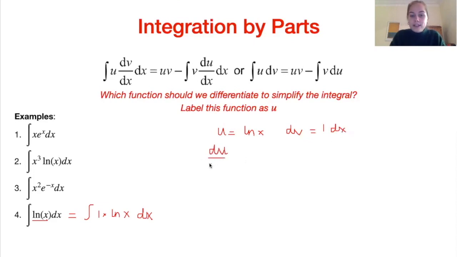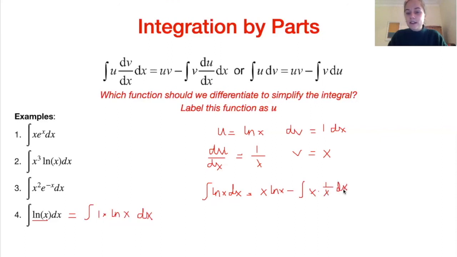du by dx, we know from our formula booklet, this is equal to 1 over x, and integrating dx leaves us just with x. So if we plug all these numbers in our formula, we find that the integral of ln of x dx is equal to u times v, so x times ln of x, minus the integral of x times 1 over x dx.